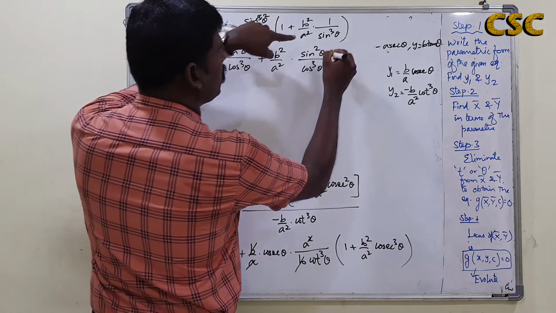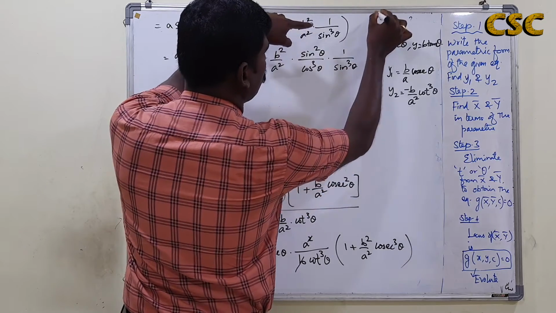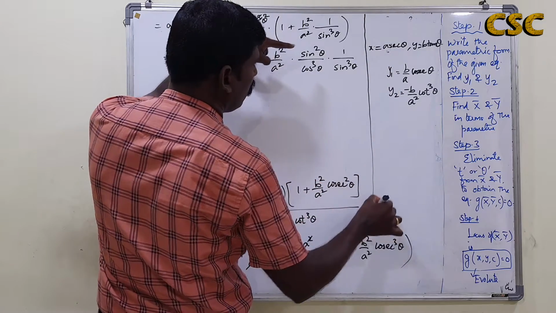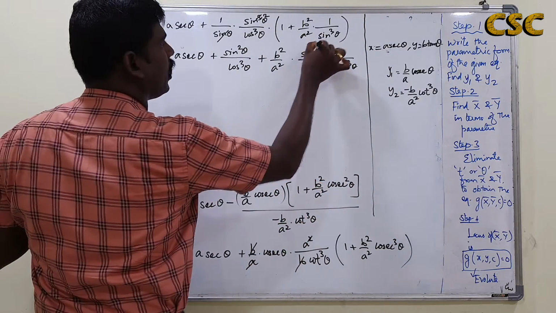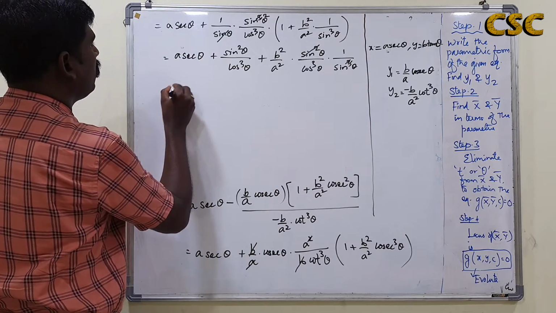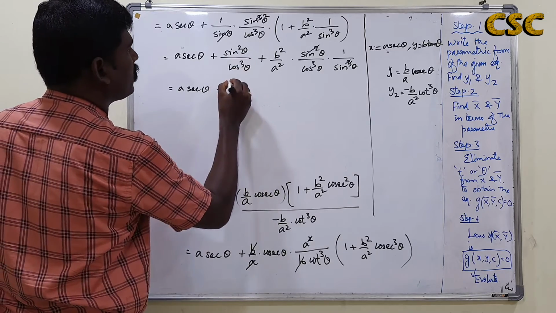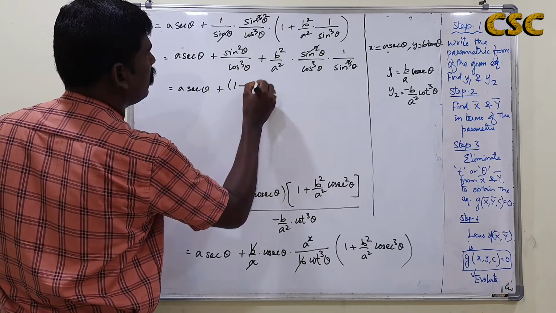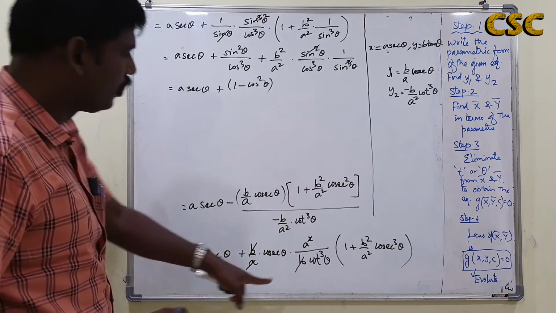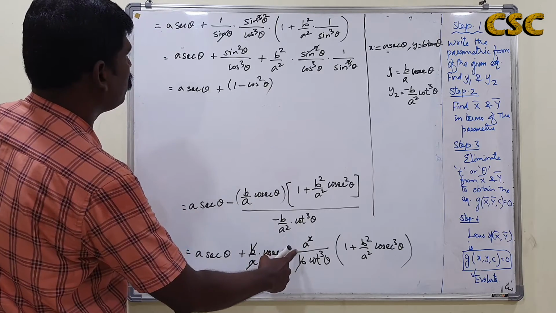Sin square theta by cos cube theta into 1 by sin cube theta. Isn't it? So I can strike out the sin square theta with the sin cube theta. So sin theta is remaining in the denominator, right? So a secant theta plus I make that sin square theta into 1 minus cos square theta. Also I forgot to write that a here, isn't it? A is in the numerator here. I forgot to write it.